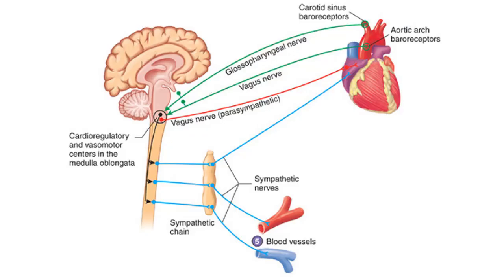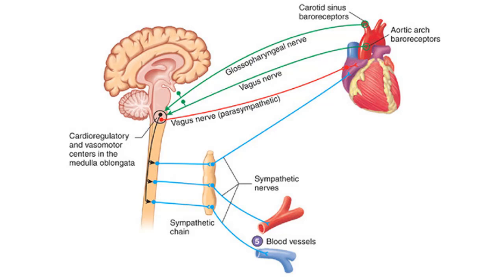How does the vasomotor center get information from the environment? We know there are two kinds of receptors, baroreceptors and chemoreceptors. Baroreceptors are in the aortic arch and carotid sinus and send blood pressure information through the vagus and glossopharyngeal nerves to the cardioregulatory and vasomotor center in the medulla oblongata.